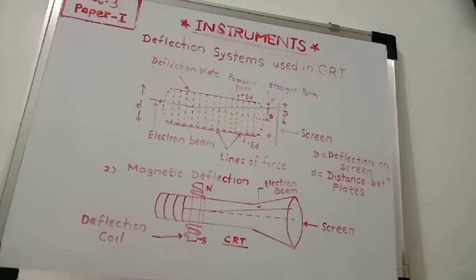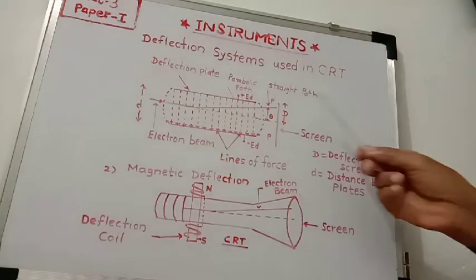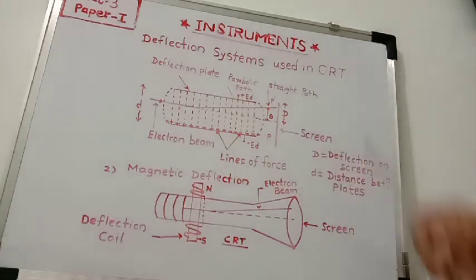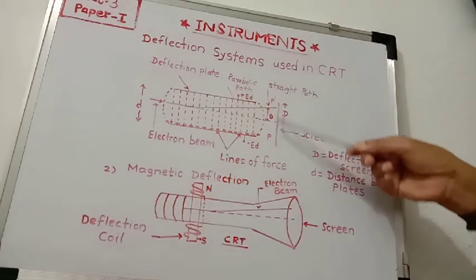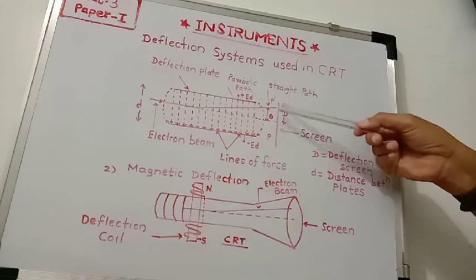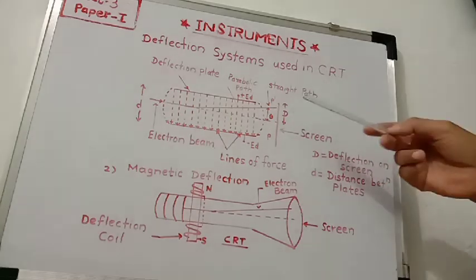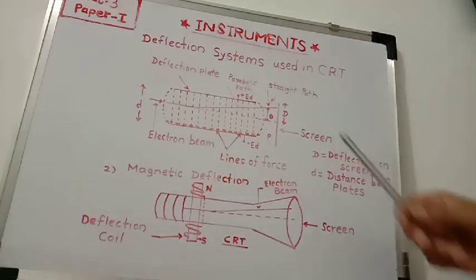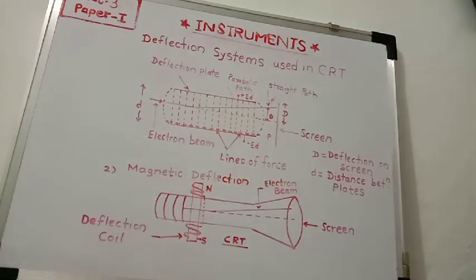Now what is meant by deflection sensitivity? Deflection sensitivity S is equal to D upon ED, where D is the amount of deflection, or distance of the deflection on the screen, and ED is the deflection voltage.